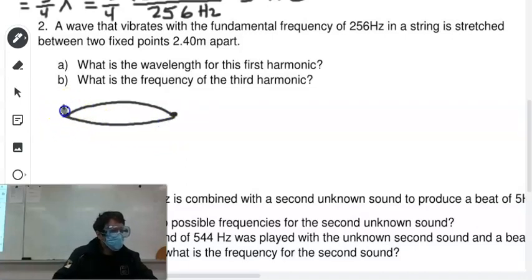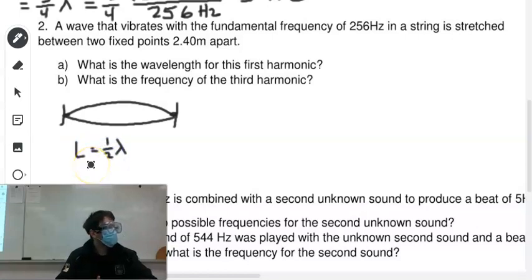If you have a node at both ends, this is the smallest possible frequency and the largest wavelength you can have. And the length of that is exactly 1/2 wavelength. It follows the same pattern as an open air column, and you can even use the same formula as well.